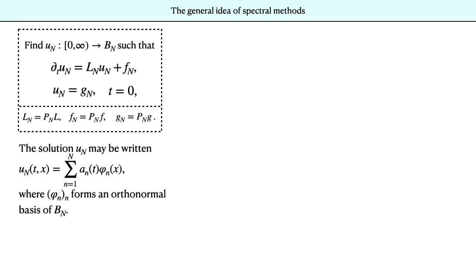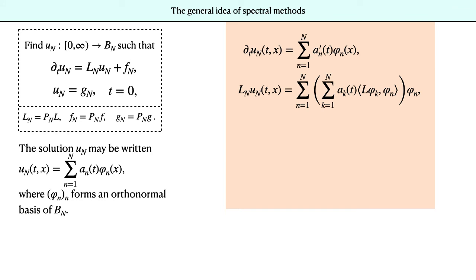So the idea is that we can break an ansatz, which is a solution to this approximated problem, up into a weighted sum of functions from an orthonormal basis of B_n. And exactly as we did previously, we can calculate the t-derivative, which goes straight onto the coefficients.